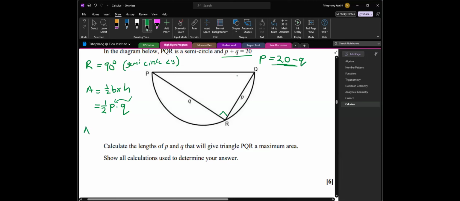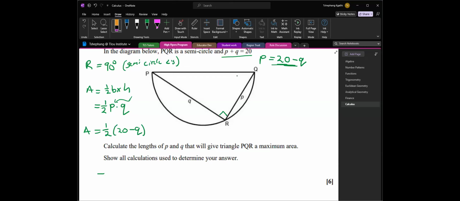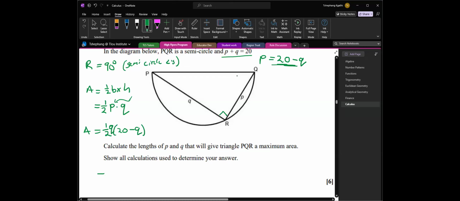So the area is equal to half of (20 minus Q) multiplied by Q. So this should be 10Q, since half of 20 is 10, then the Q stays there, minus half of Q squared.